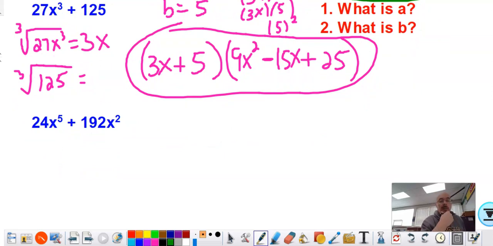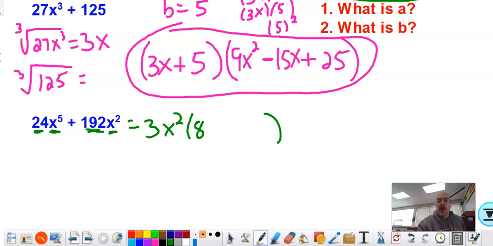All right, so what do 24 and 192 have in common? What's the greatest common factor? Well, after thinking about it and going through a few numbers, you're going to find out that it's a 3. And then x to the 5th and x squared, the GCF there is x squared. All right, so if I pull out 3 from 24, I'm left with 8.